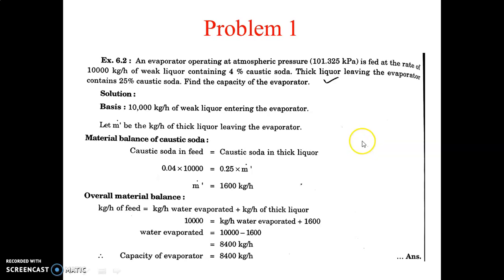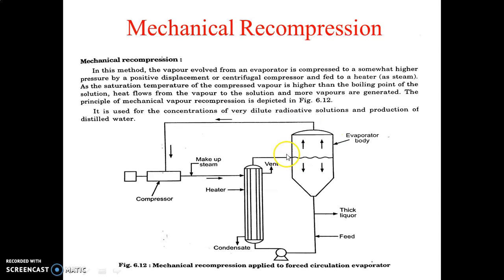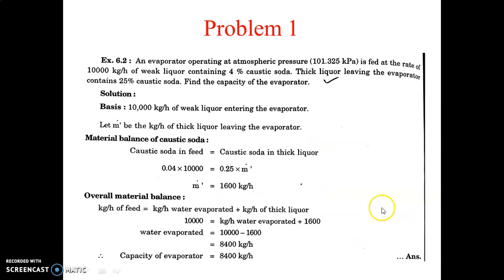Okay. So the input has 4% caustic soda, and after concentration we get 25% caustic soda. That means you feed 4% caustic soda here, and after evaporation you take the 25% caustic soda from here. And what is the feed rate? 10,000 kg per hour.